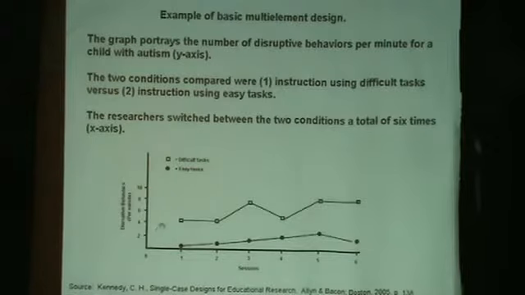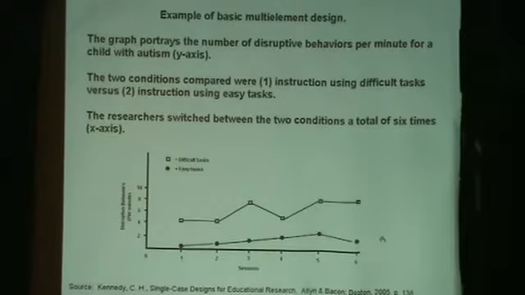So we compared two independent variables, two types of instruction, and we have a response differentiation. There is a difference between the two treatments. So we would say, okay, with this student, we probably want to give instruction using easy tasks. So that's a very simple design, and it can be very easily done in a classroom.